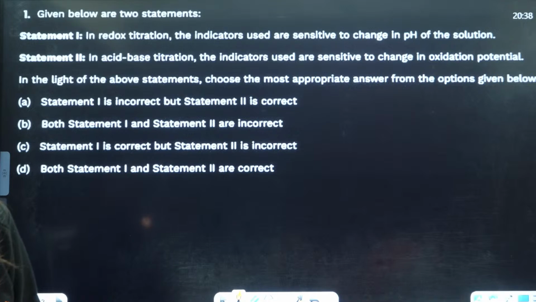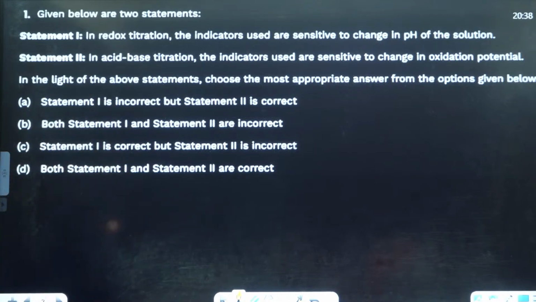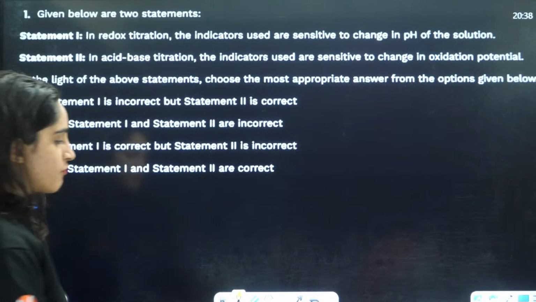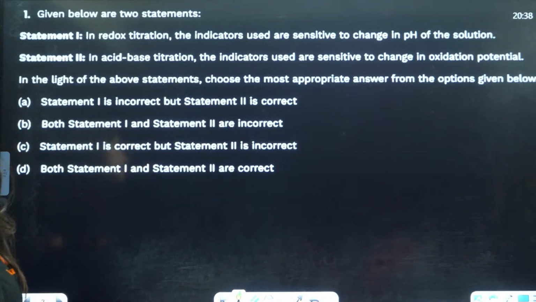Everybody in the comment section, A, B, C, D, let me know what you think is the correct answer. Any idea? Okay, chalo.